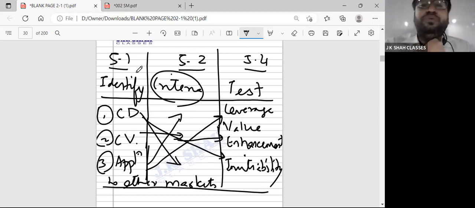Five point two, criteria. Point number three, which is there in identification, will be the first point in criteria. The second point will be the same. The third point will be the first point of 5.1. That is why those arrows.